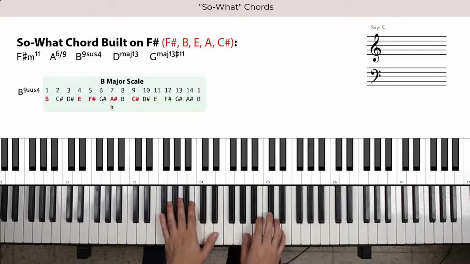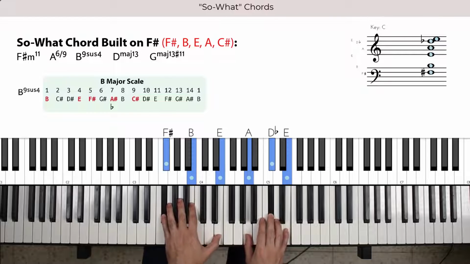And you'll notice that when I'm playing this, I'm playing the first degree of the B major scale. I'm playing the fourth degree, that's where the sus4 comes from. I'm playing the fifth degree, the flattened seventh degree, and the ninth degree.